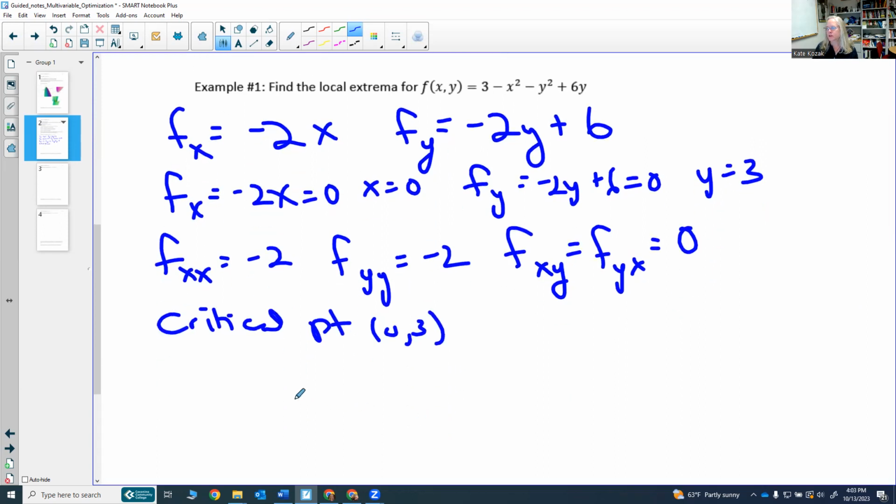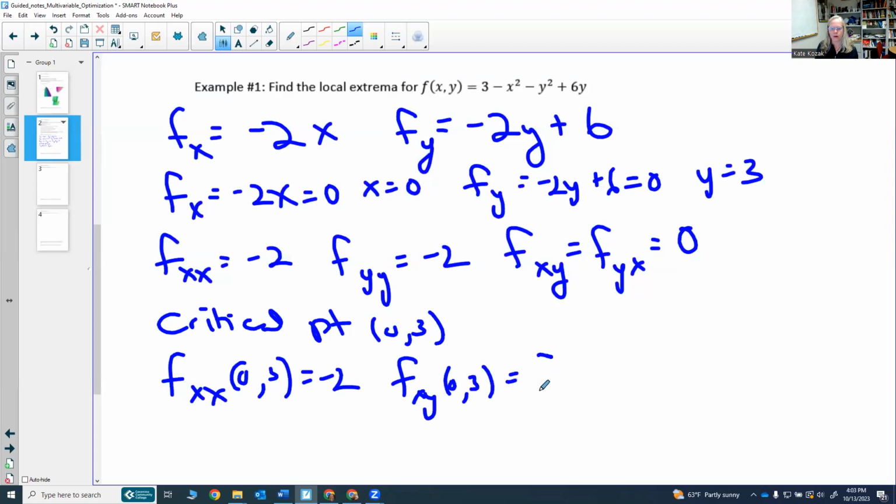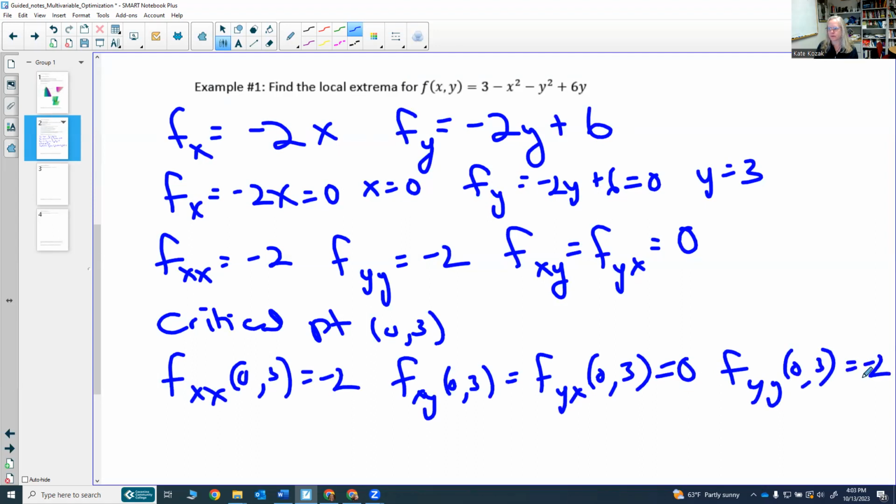Now find the second partial derivatives evaluated at the critical point. So for the critical point (0,3), f sub xx at (0,3) is going to equal negative 2. f sub xy at (0,3) equals f sub yx at (0,3), which is equal to 0. And f sub yy at (0,3) is equal to negative 2.